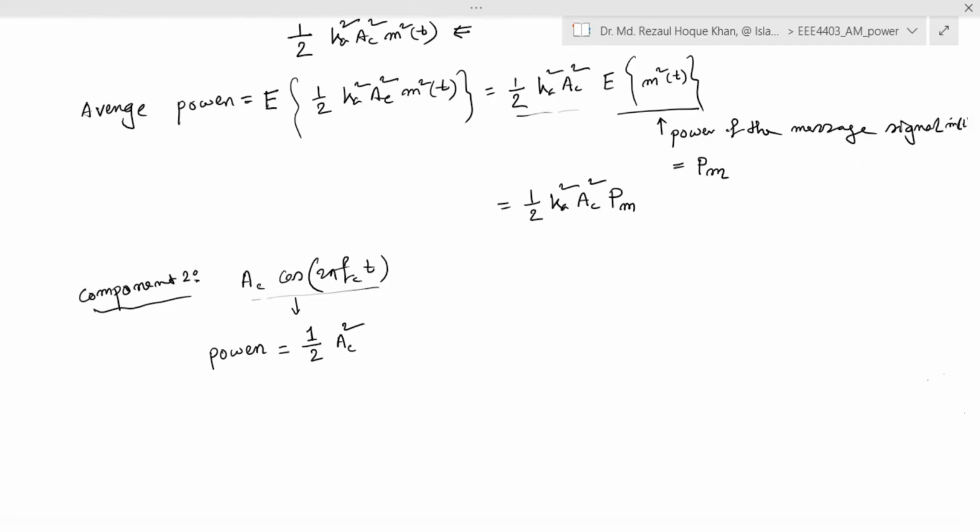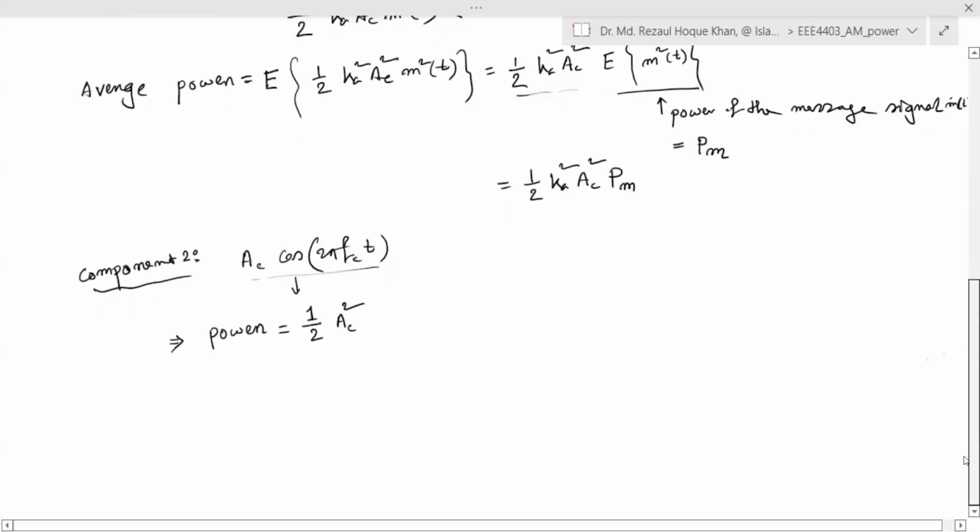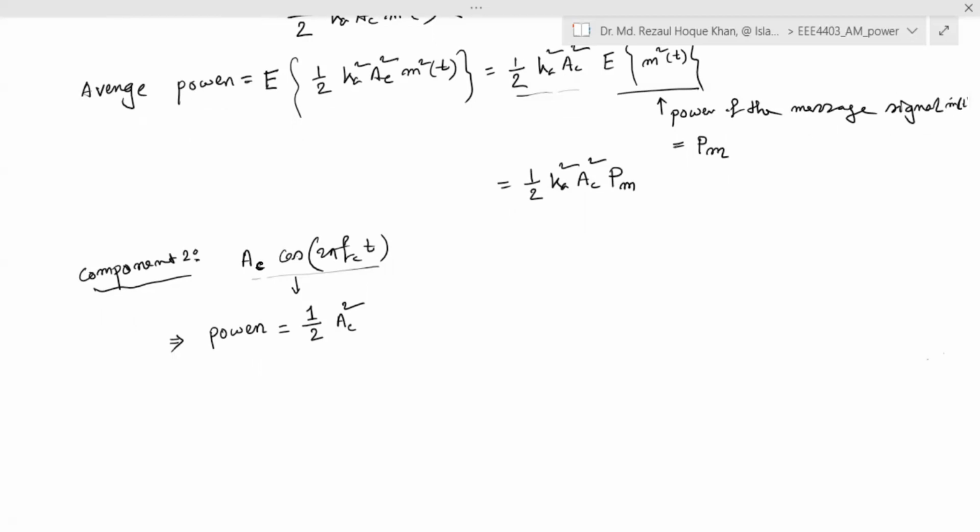This is the case because we derived it earlier from the power and energy of any signal. If this is a constant, you can find the power of this signal.